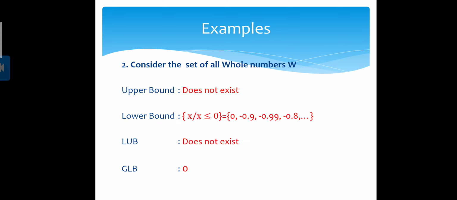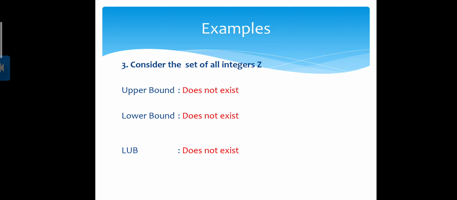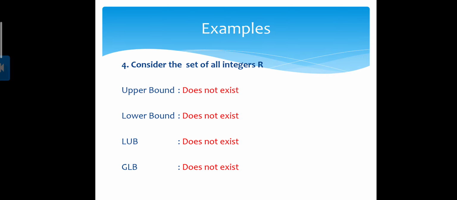Upper bound does not exist, therefore LUB does not exist. And what about GLB? It is 0, the greatest among all lower bounds. Let's see the example: set of all integers. It goes from minus infinity to plus infinity. So upper bound and lower bound both do not exist. Similarly for real numbers, they do not exist.